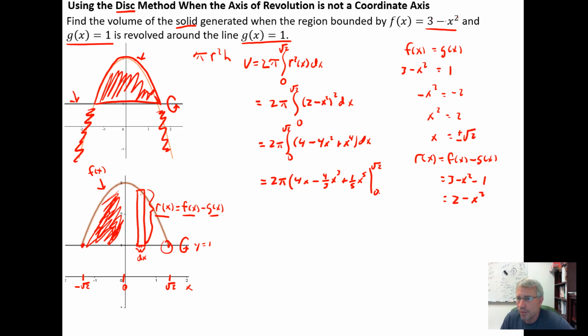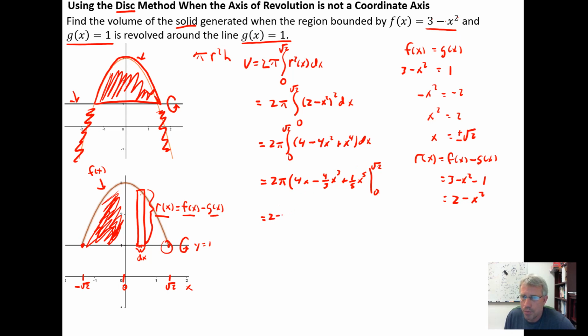Now I want to notice that when I plug in my lower bound of integration, it will kill these inside terms because I'll get a sequence of multiplications by 0, so I don't need to worry about my lower bound of integration. So I'm just going to go ahead and plug in my upper bound of integration.